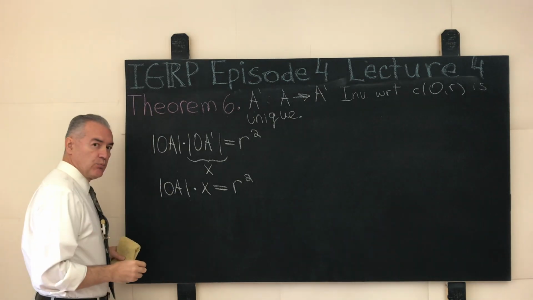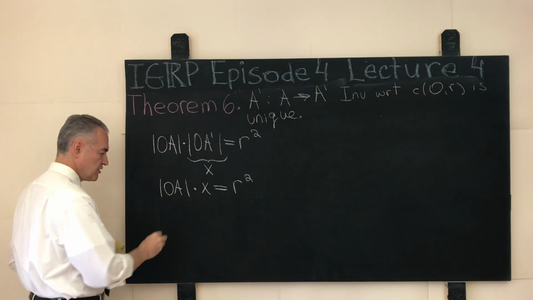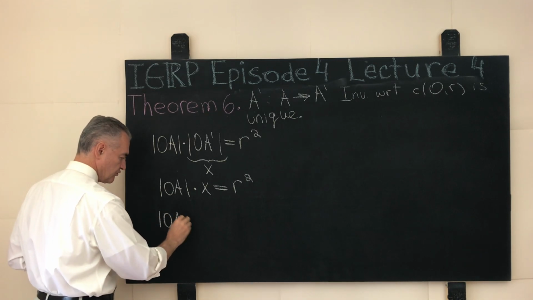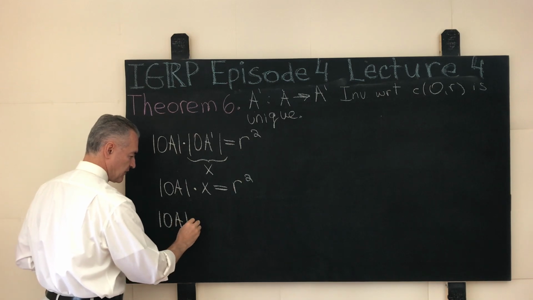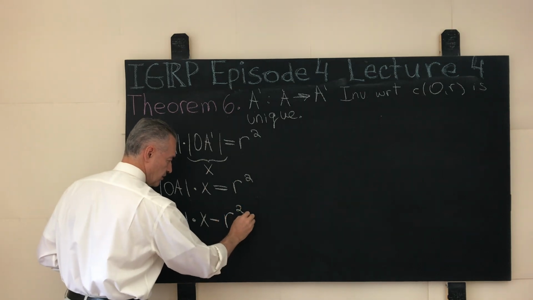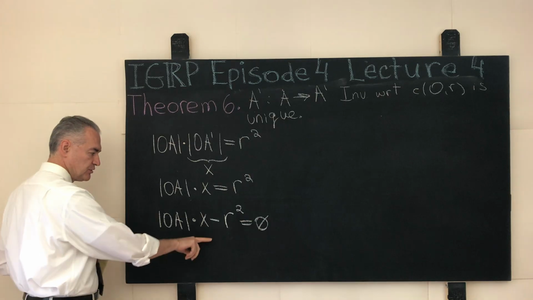And now we pull some algebraic magic, if you will. We rewrite this equation as follows: the distance from the center of inversion to the pre-image point, OA, times x minus r squared, is equal to 0. And now we put the algebraic goggles on and we claim what?